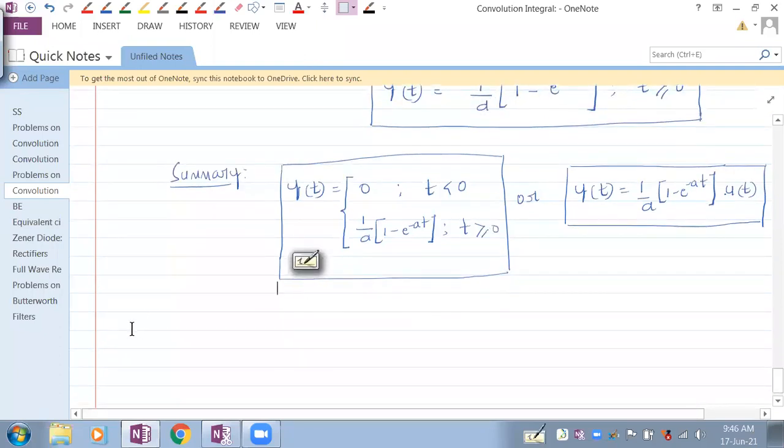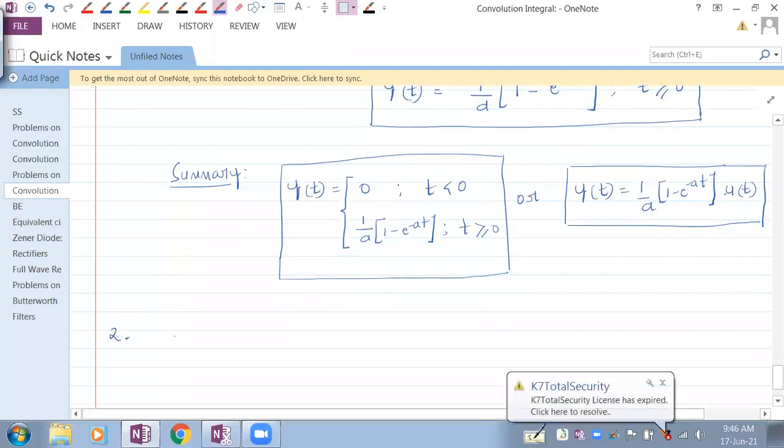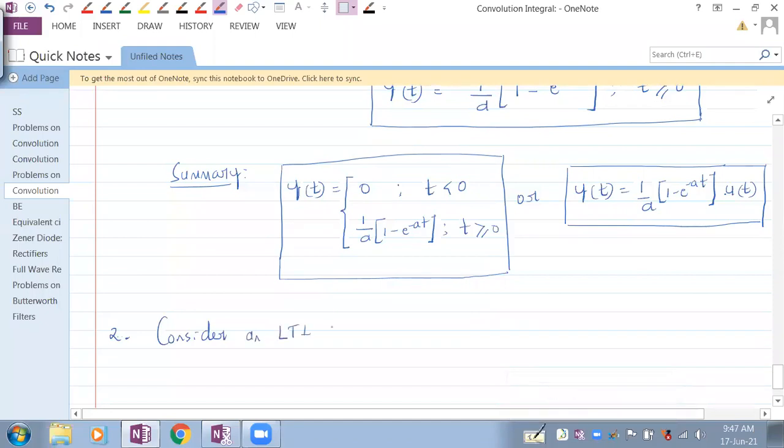Consider problem number 2, everybody. Consider an LTI system with unit impulse response h of t equal to e power minus a t u of t.